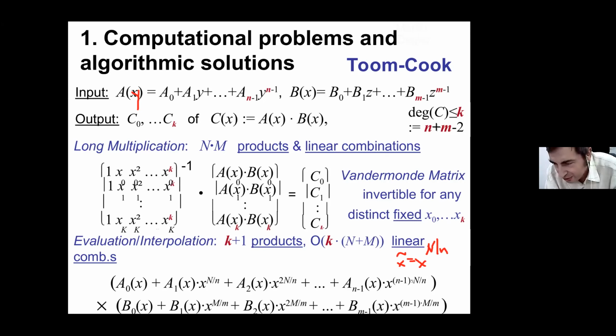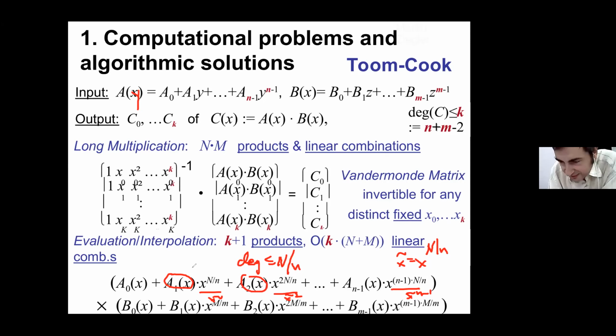Here stands x tilde to the power n minus 1, here x tilde, here x tilde squared, etc. The coefficients of this polynomial are themselves polynomials in x, and their degree is less than or equal to capital N over small n.